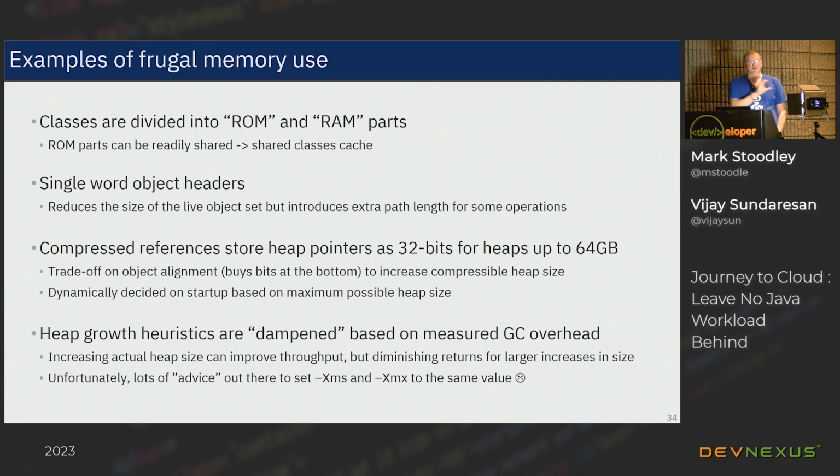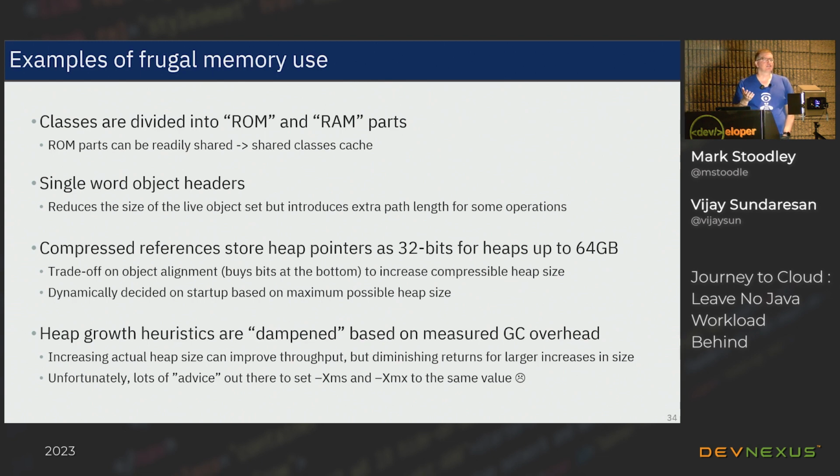That allows us to shift bits down and get extra bits at the top so we can represent pointers on larger heaps. It does obviously incur some costs because you have to decompress pointers before you can use them, and compress them when you're storing them. But the trade-off in terms of being able to use 32 bits consistently across the whole process saves a lot of memory, so it's a good thing to do. It's dynamically determined based on the maximum heap size.